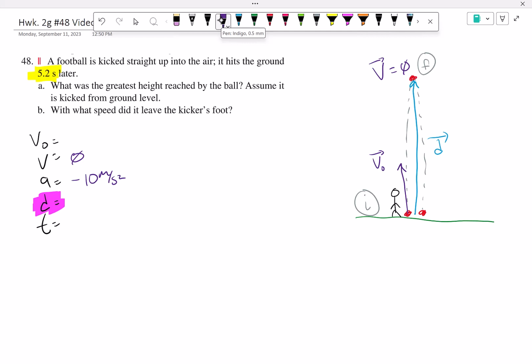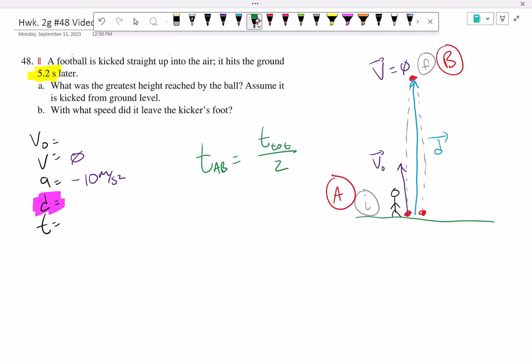So if it took 5.2 total seconds to go up and down, then that must mean that the time to go from, let's call this A, and we'll call this B, right? The time to go from A to B, t_AB, well, that's going to be half of the total time.